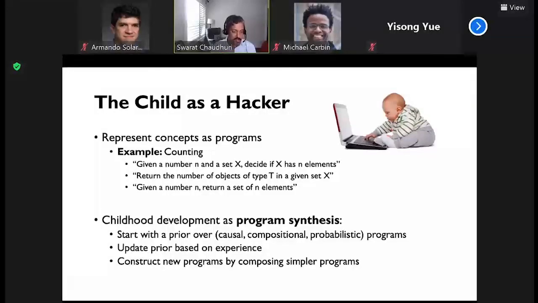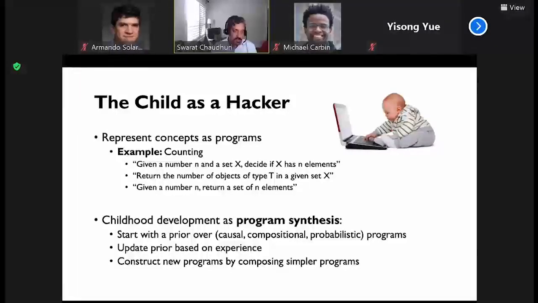They capture what happens when you stick your finger into a cupboard and then you shut the cupboard door. You have this causality embedded there. But they're also compositional because presumably when you have one piece of knowledge, you have another piece of knowledge, you are able to put them together into new concepts. This is something that we do all the time. And they're probably also probabilistic in the sense that they're able to represent uncertainty about the world.